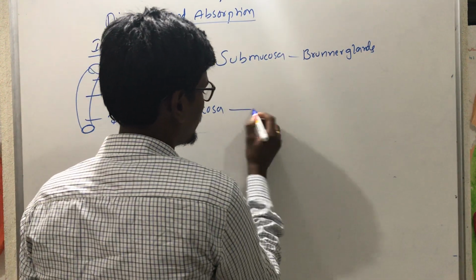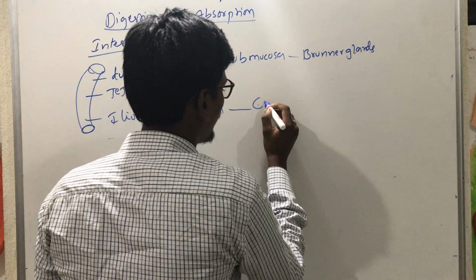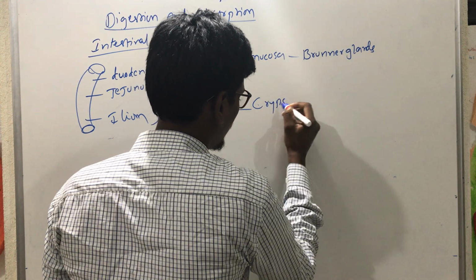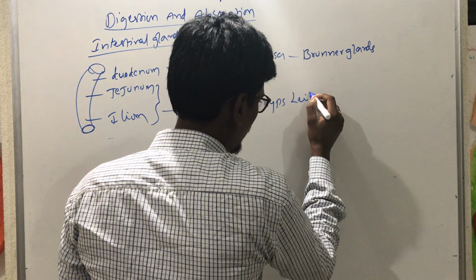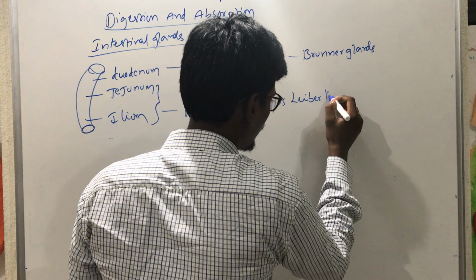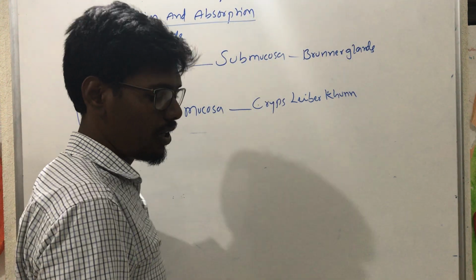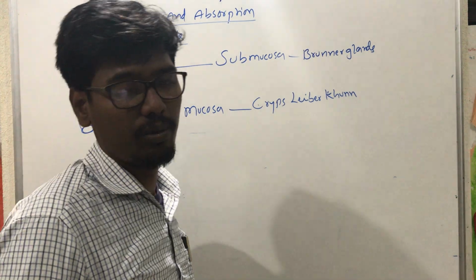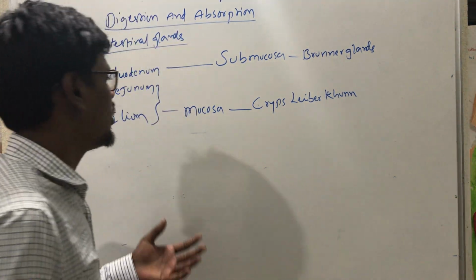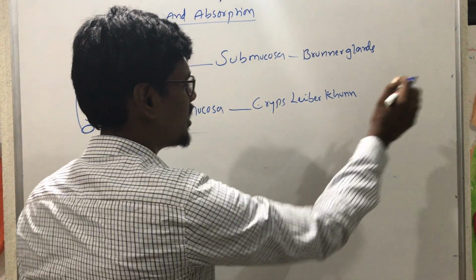And the mucosa has crypts of Lieberkühn. Okay, these two are intestinal glands.